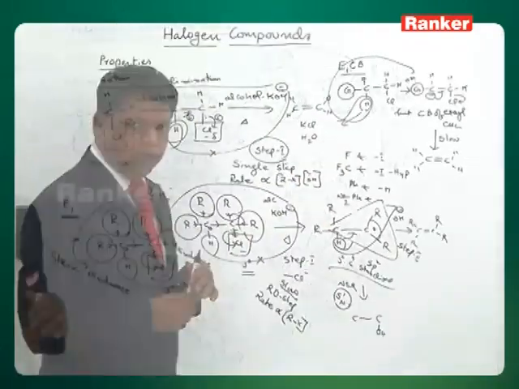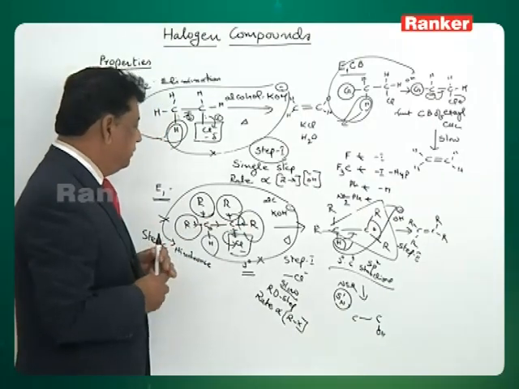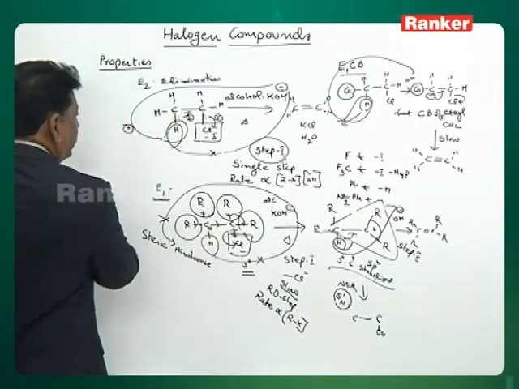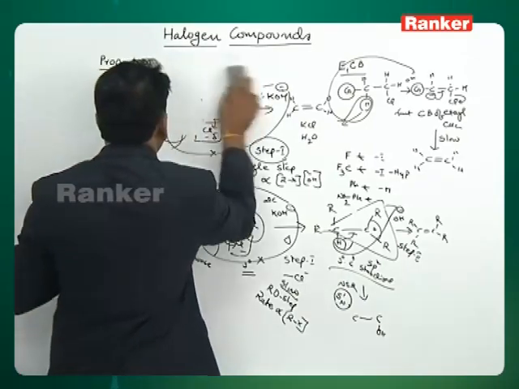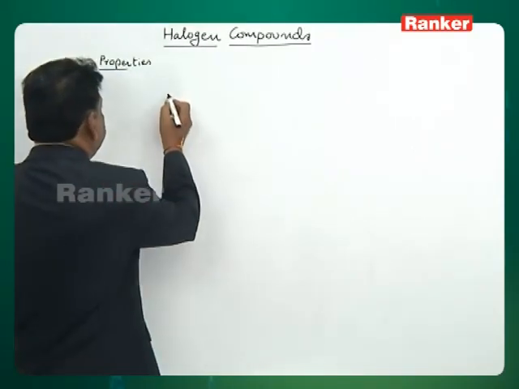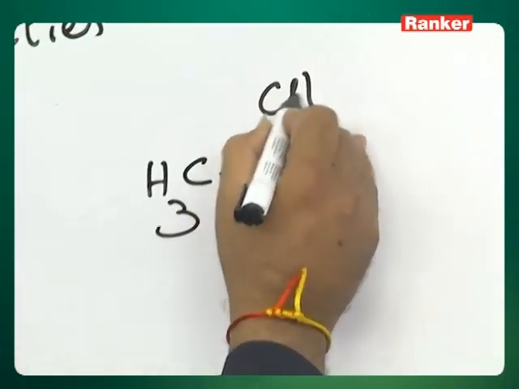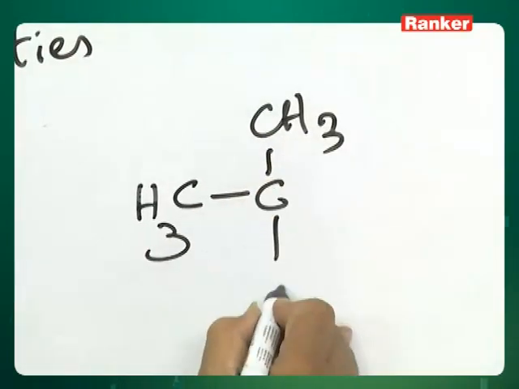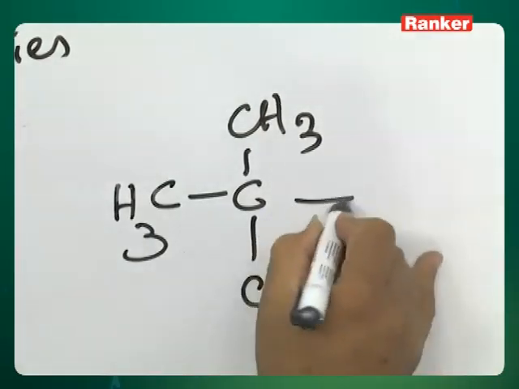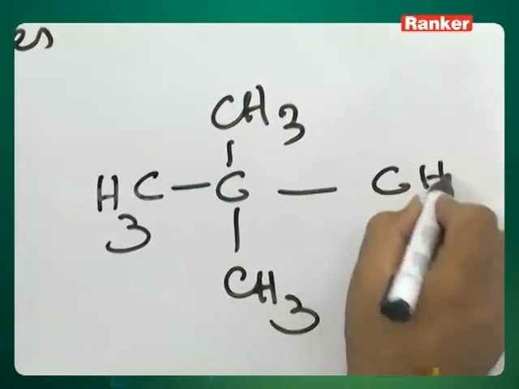Carbanions generally will not undergo rearrangement, carbocations will. Let us take one example of rearrangement involving elimination: a tertiary butyl group attached to a system like this.